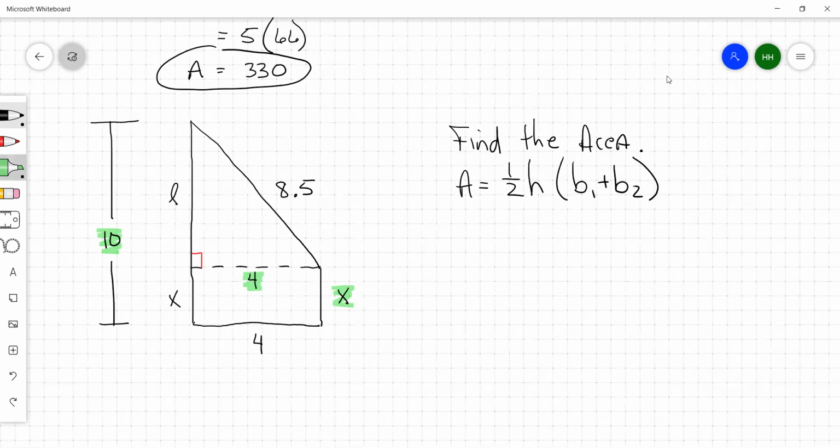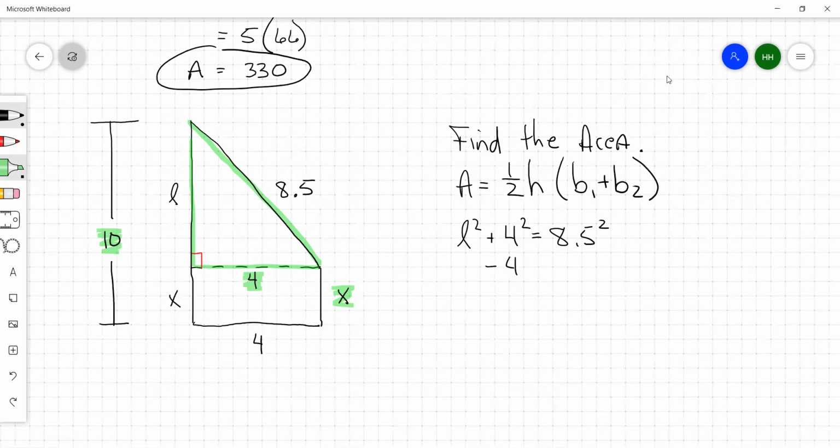So look at this shape right here. What kind of shape do you got right here? You did this yesterday. Yep. What kind of triangle? A right triangle. So can't you do the Pythagorean theorem to solve for L? So we would have L squared plus 4 squared equals 8.5 squared.